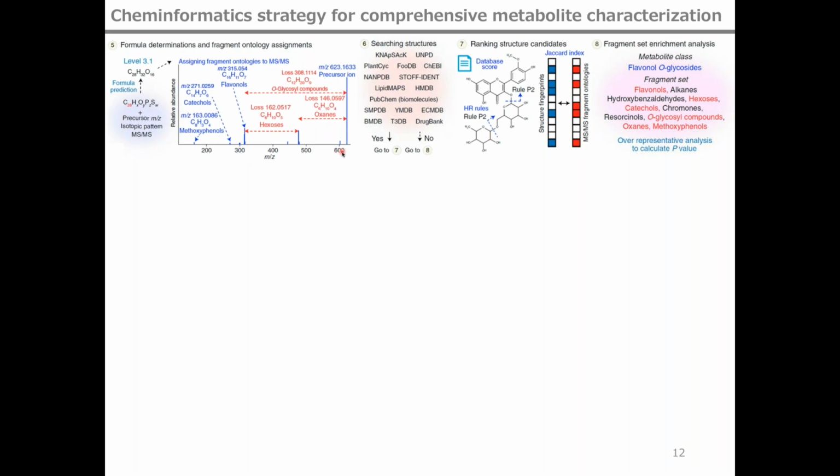In this study, this program generates formula candidates with the information of carbon element number, and assigns fragment ontologies to each product ion and neutral loss in a non-biased manner. I'd like to explain how fragment ions can be assigned to each MS/MS spectrum.